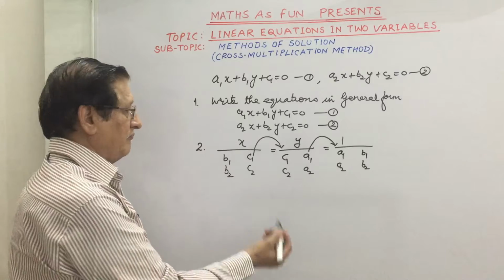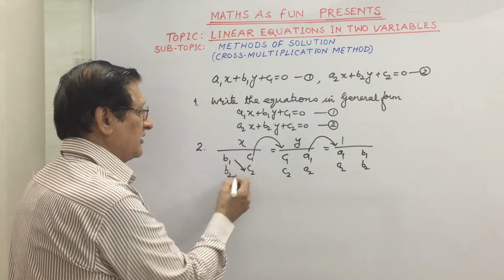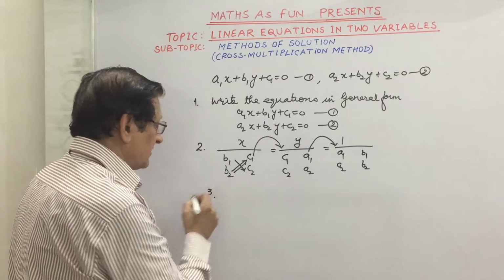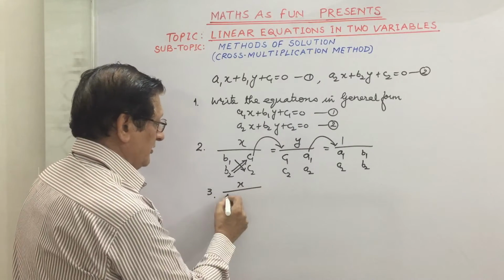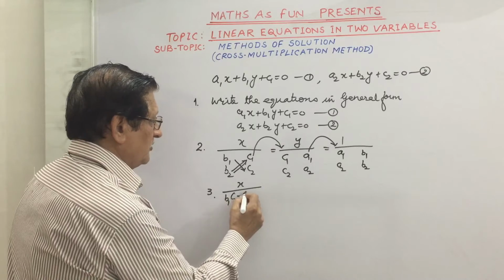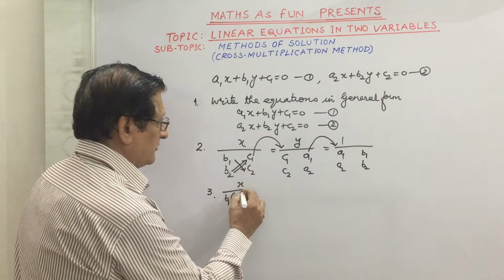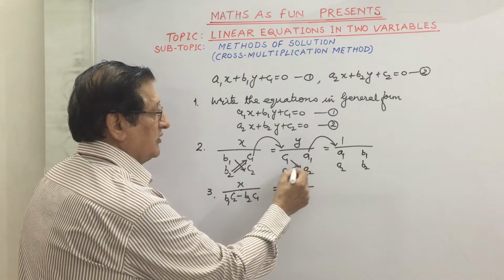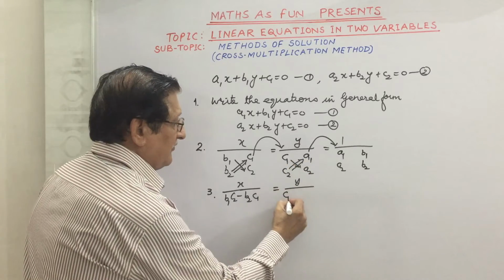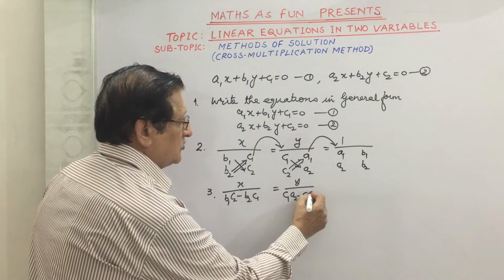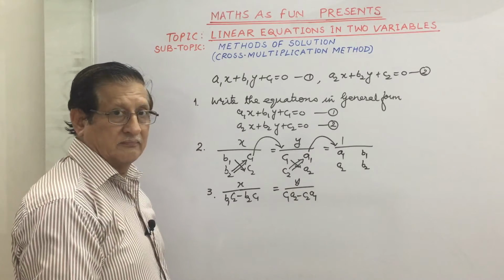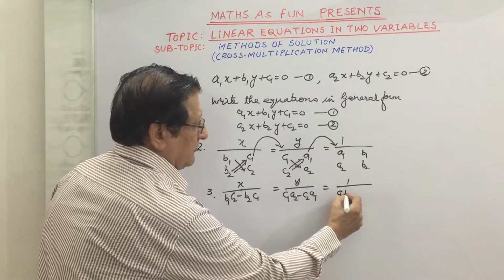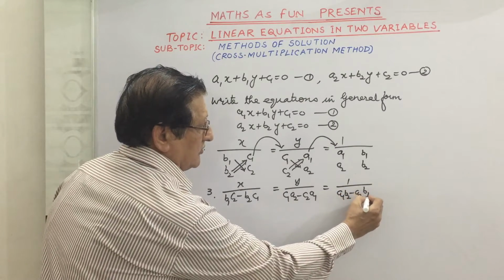And then the multiplication system is the same, multiply this to this and minus this into this. And then the third step will be x upon b1 c2 minus b2 c1 equal to y upon, here you will find this will be c1 a2 minus c2 a1, and this will be 1 upon a1 b2 minus a2 b1.